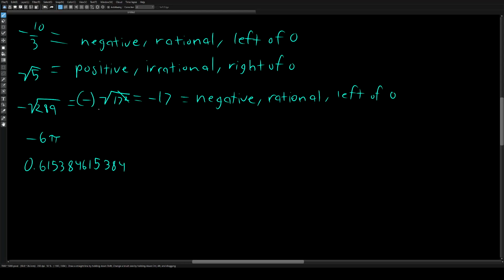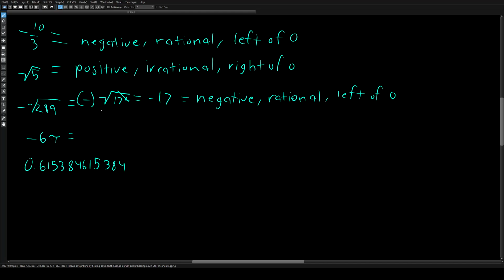All right, negative 6 pi. We do not need to simplify this any further. Because we know what pi equals, a very large decimal, I will not write down every number on that. But we know it goes on for a while, and at this point it's really hard to define it in a simplified term.